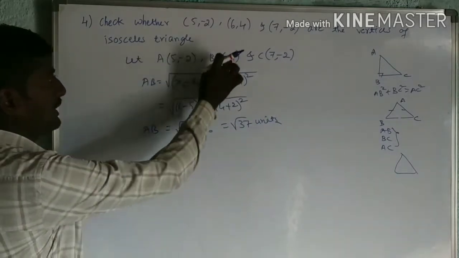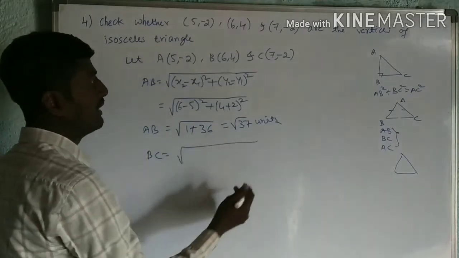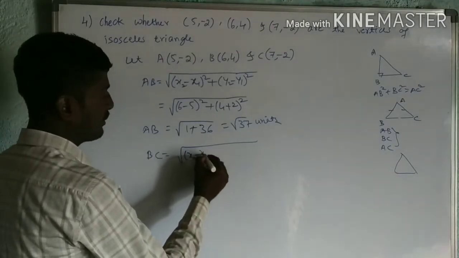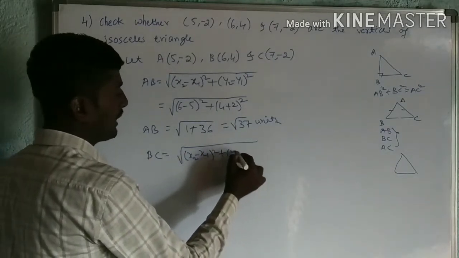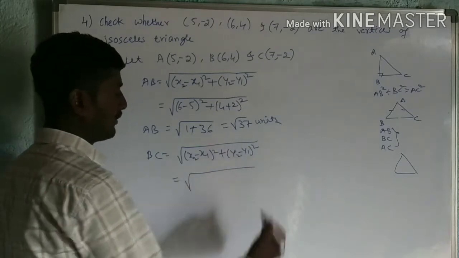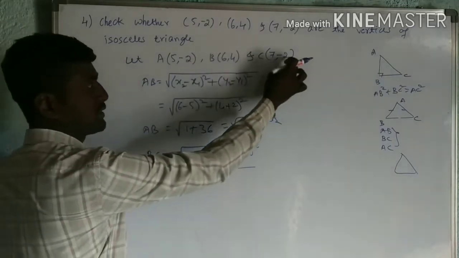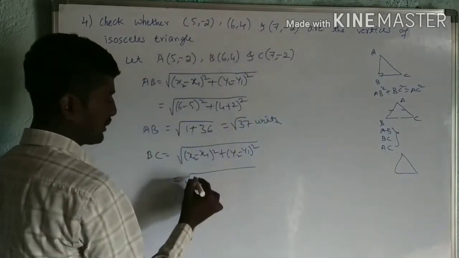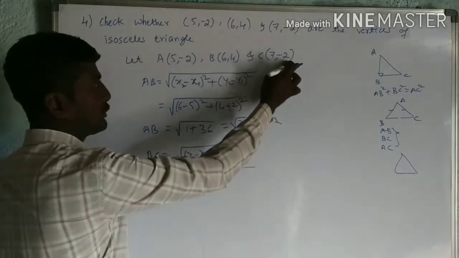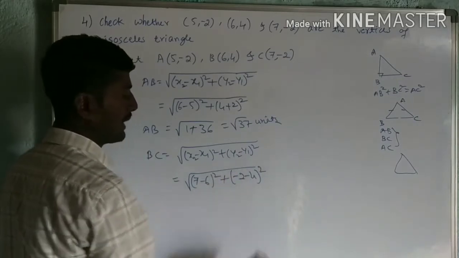Then I will go for BC, the second side. BC is equal to under root of, again apply the same formula, (x2 minus x1) whole square plus (y2 minus y1) whole square. Now I take this as x1 y1 and this as x2 y2. (7 minus 6) whole square plus (-2 minus 4) whole square.